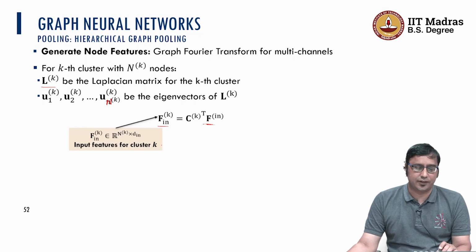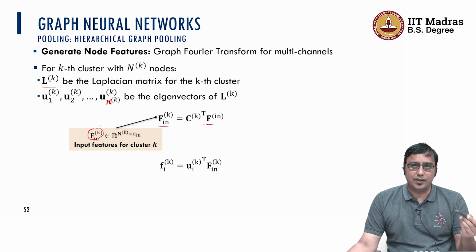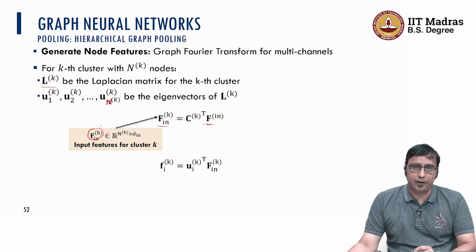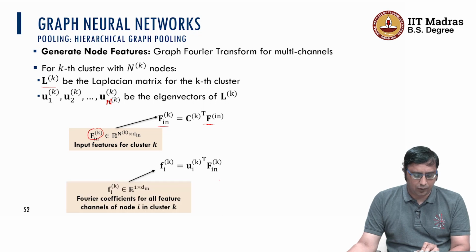This is the input feature for cluster k, and remember this is multi-channel. In the previous slide we discussed a single channel, but we have seen multi-channel filtering during the graph filtering classes, so we can relate to that. For the ith node in cluster k, the Fourier coefficients for all the feature channels can be obtained by simply multiplying the input feature for cluster k with u_i^k transpose, where i is the ith node.